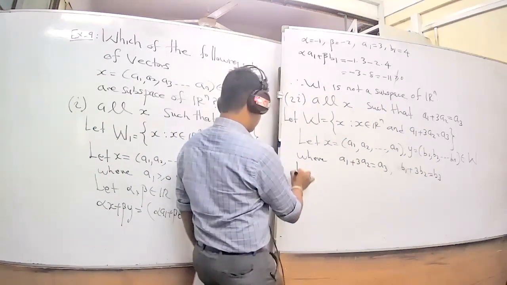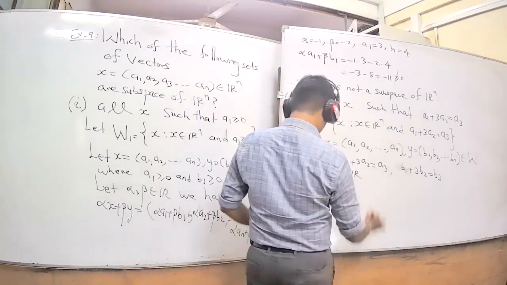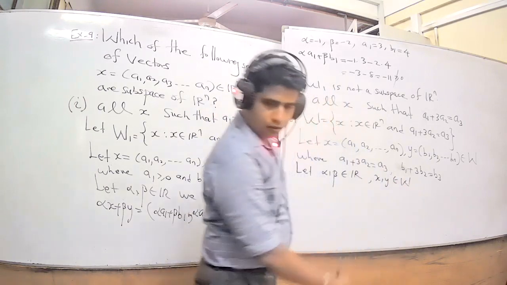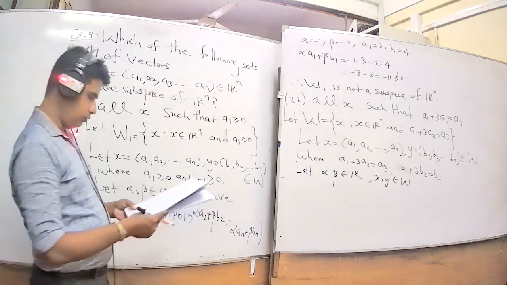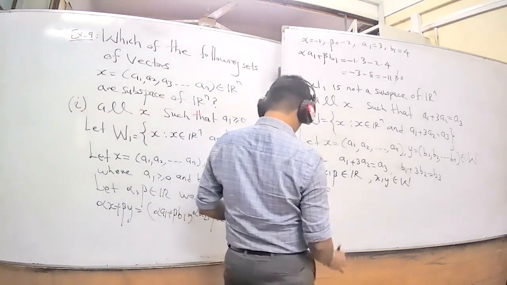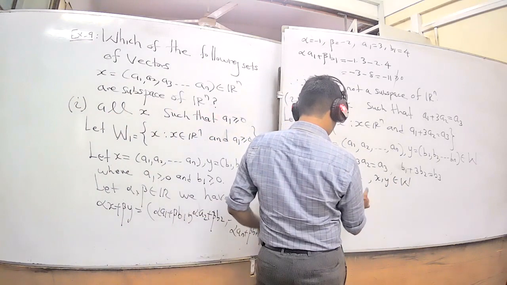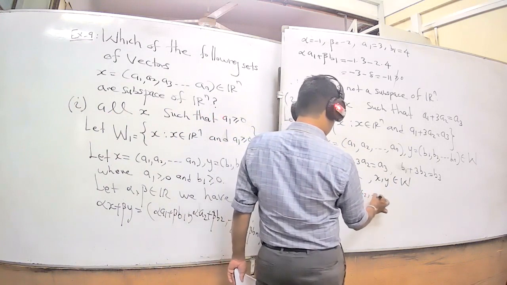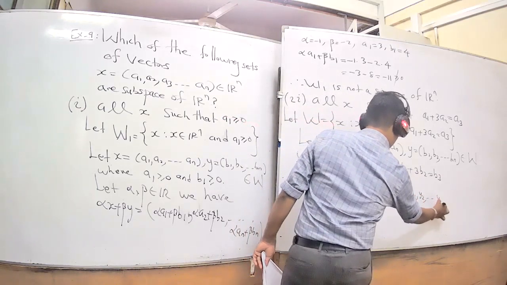Therefore, let alpha, beta belong to the real numbers, and x, y belong to W. So alpha x plus beta y is of the form alpha times (x1, x2, and so on, xn) plus beta times (y1, y2, and so on, yn).